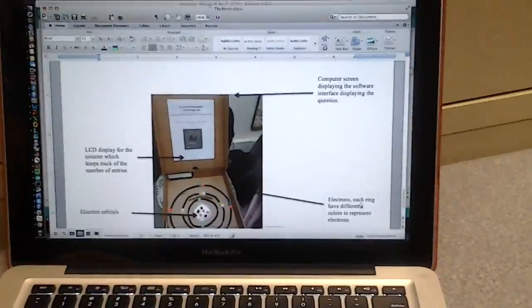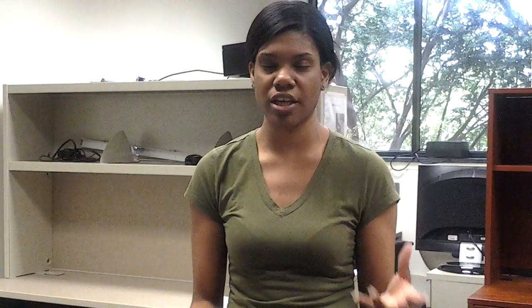With this prototype design, we wanted to have a software interface along with the hardware interface. Our hardware interface would randomly pick one of the first 18 elements of the periodic table and ask a random question. How many electrons are in the element boron? How many protons are in the element carbon?